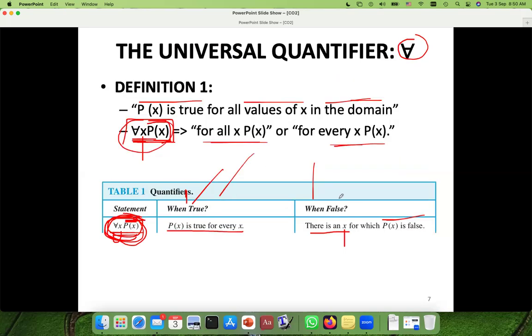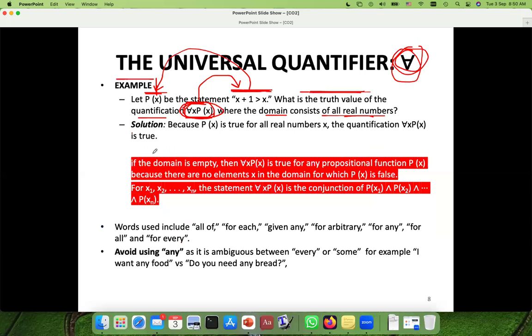When for all values of x this predicate is true, then this statement will be true. And when for any one value P(x) is false, this statement will be false. So you have to find these truth values, either true or false.